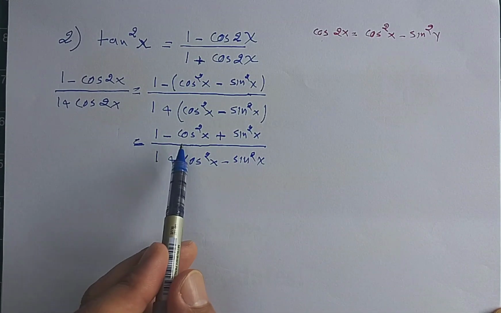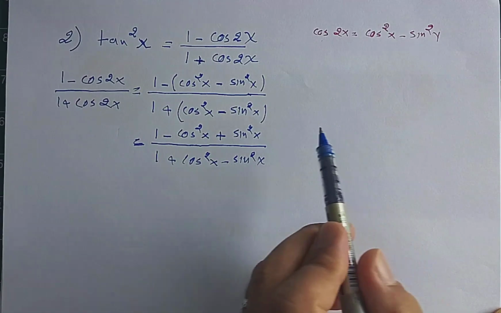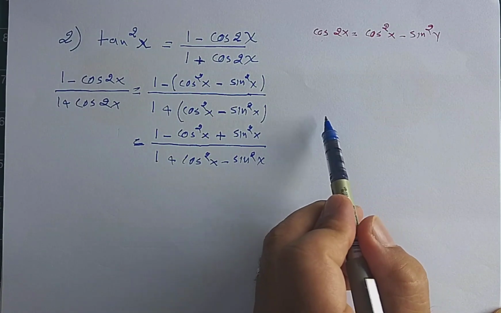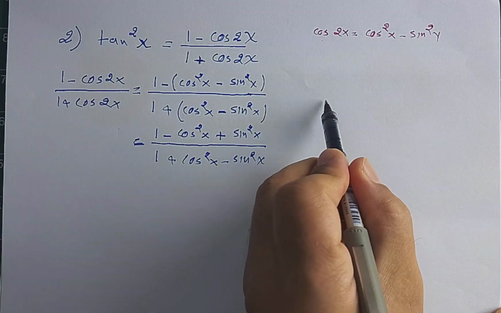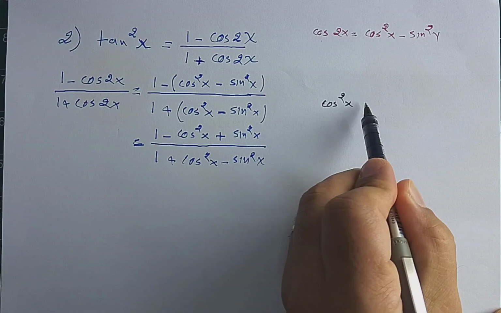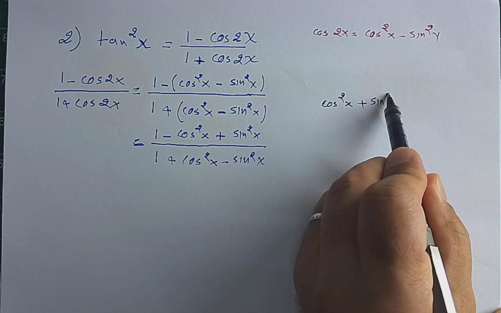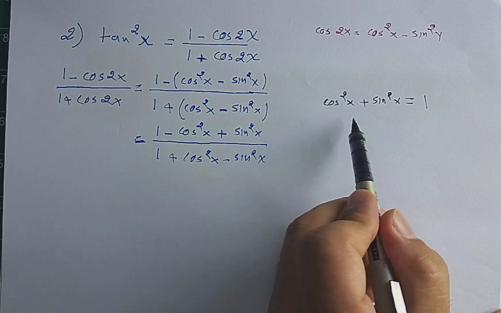So here we have the famous relation, cosine square x plus sine square x equal 1. I get two things here.